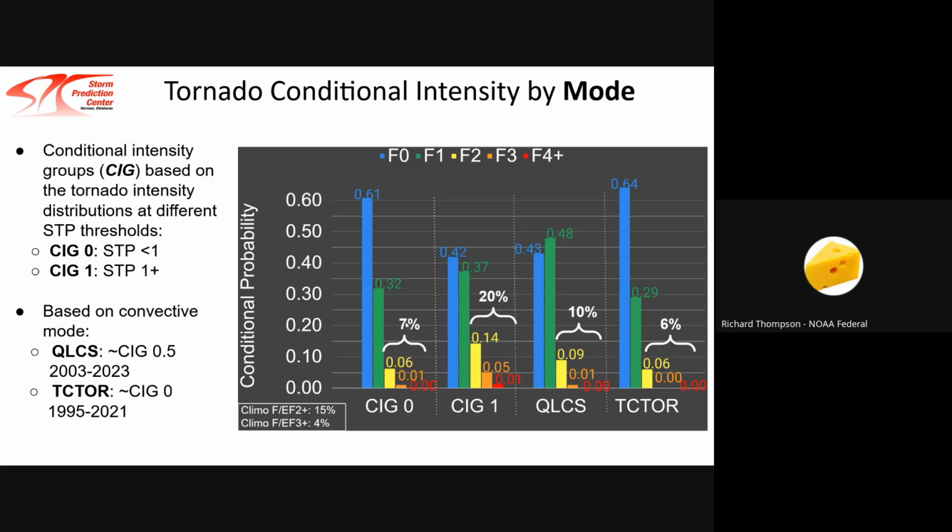Whereas I'm not showing it today, but the supercells clearly are what are driving this conditional intensity group 1. So you could argue there's even some nuance in here where there's like a SIG 0.5, like a half of a hatch type thing, representative depending on the type of storm mode.